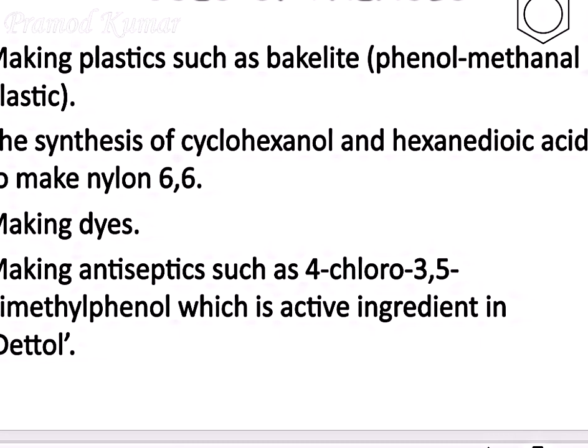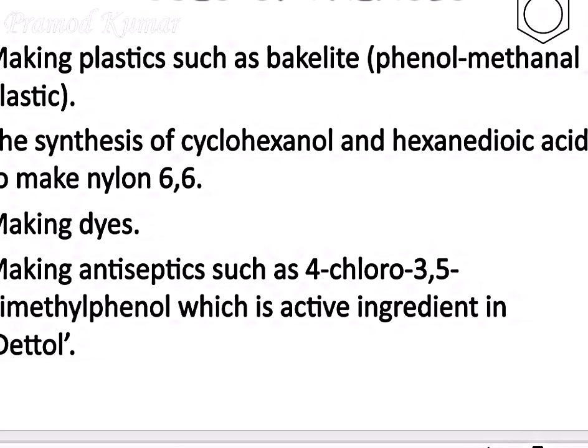You are using this compound daily, especially in the case of corona. 4-chloro-3,5-dimethyl phenol is nothing but the Dettol that you use in your home daily. This is your active ingredient, which gives the antiseptic property.